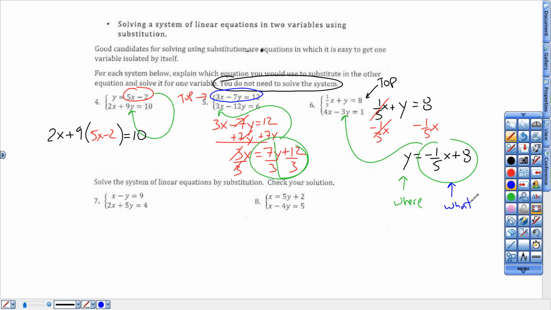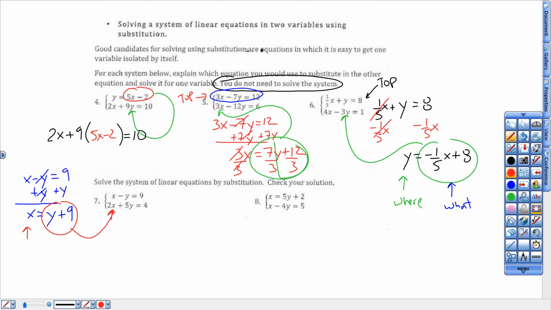All right, so here's some substitution ones in action. It looks like this top one would be easy to solve for x by just adding y to both sides. That gives me x equals y plus 9. Now for substitution, this x tells you where in the other equation you're going to substitute, and this piece tells me what I'm going to take and substitute right there.